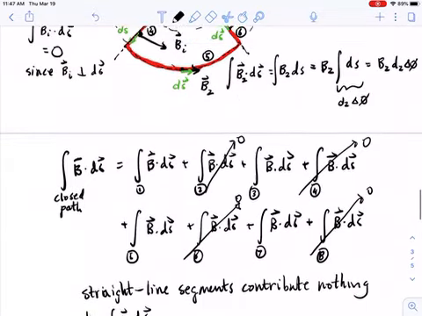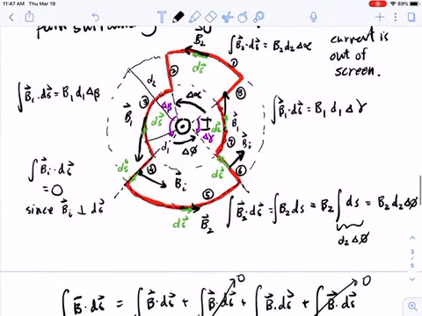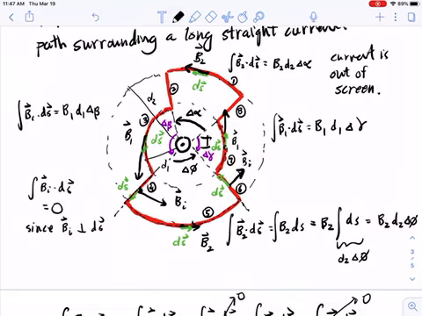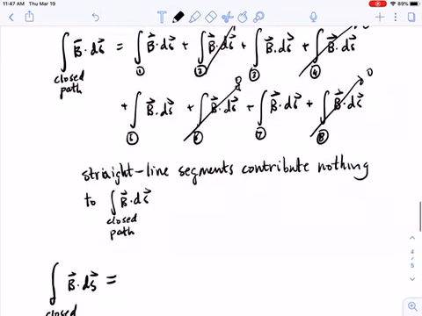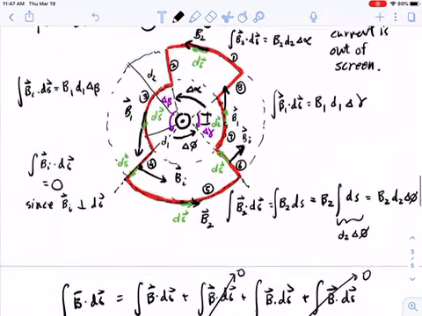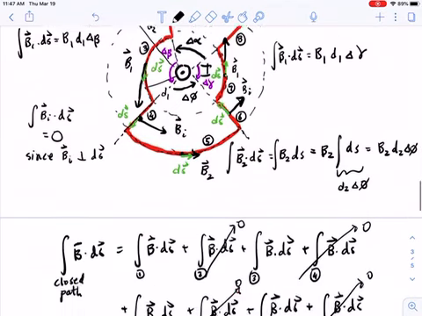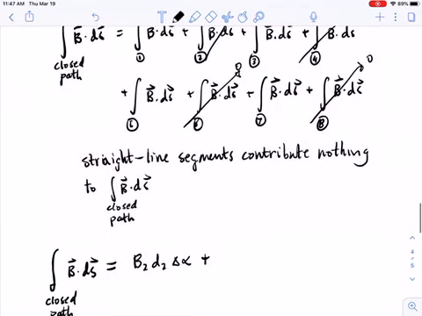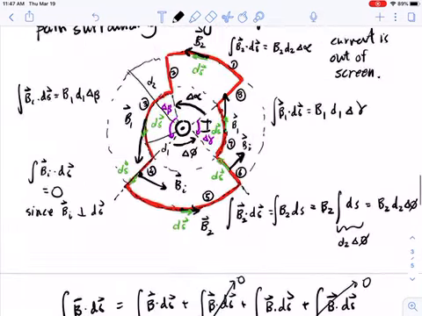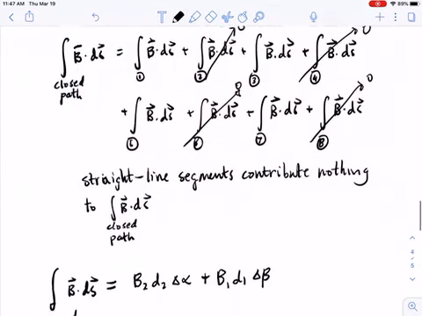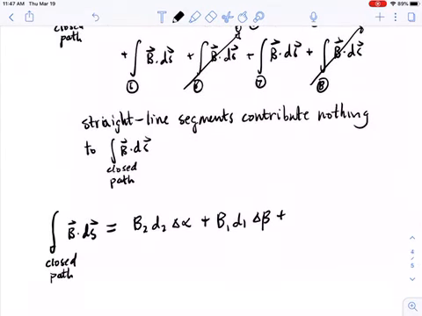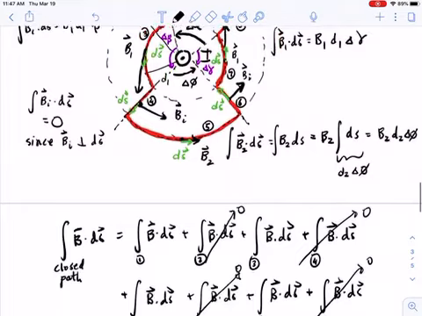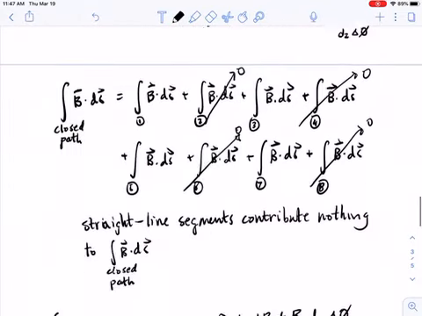We have 1, 3, 5, and 7, but we worked them all out already. 1 is B2D2 delta alpha. 3 is B1D1 delta beta. And 5 is B2D2 delta phi. And 7 is B1D1 delta gamma.